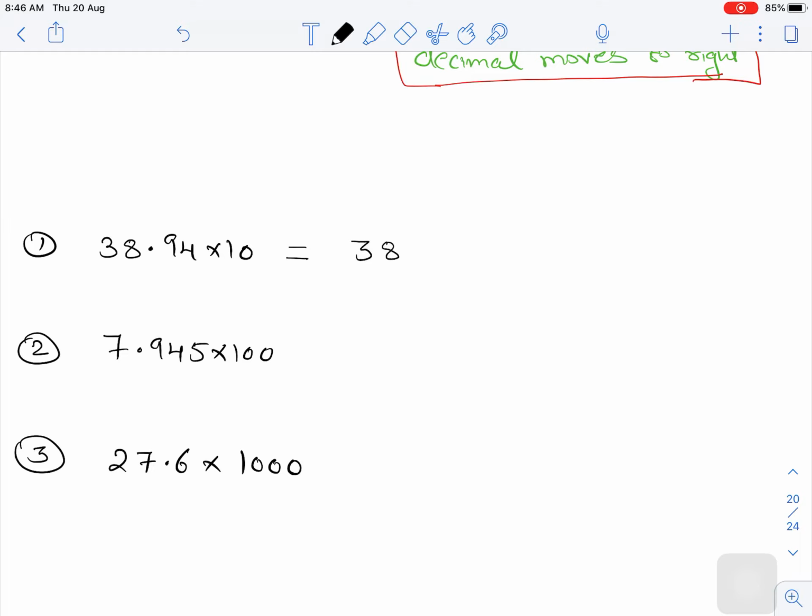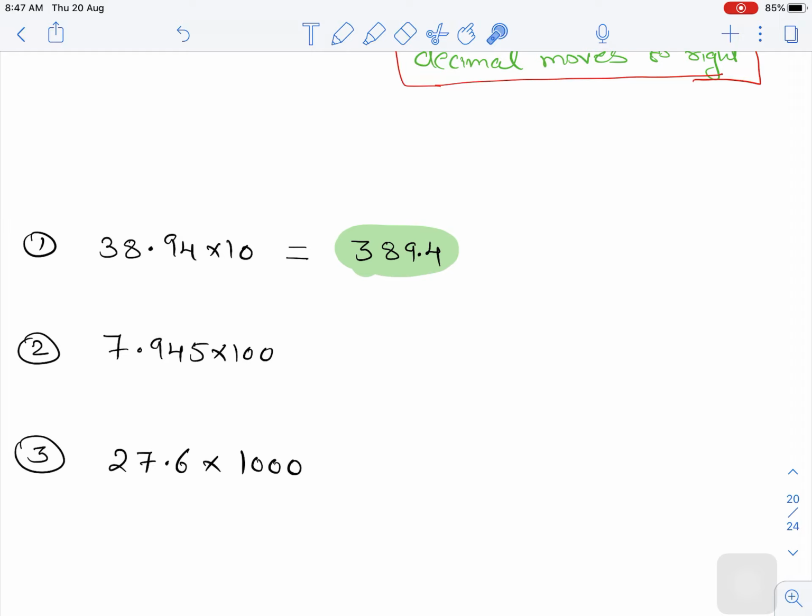Same digits will be there, 3, 8, 9, 4. First the decimal was present here between 8 and 9. Now it is multiplied by 10, so it will move one digit to the right. So our answer will be 389.4.